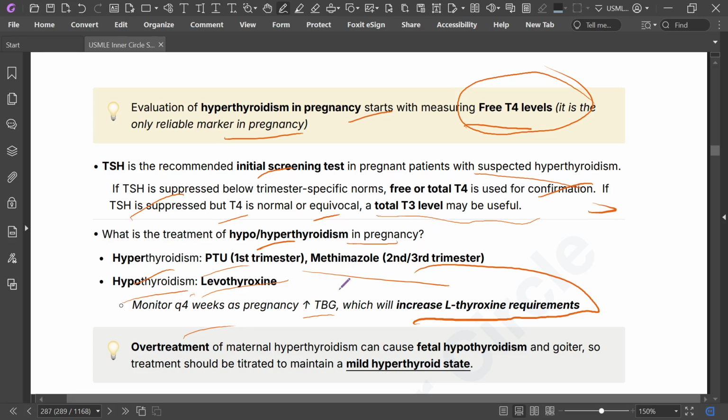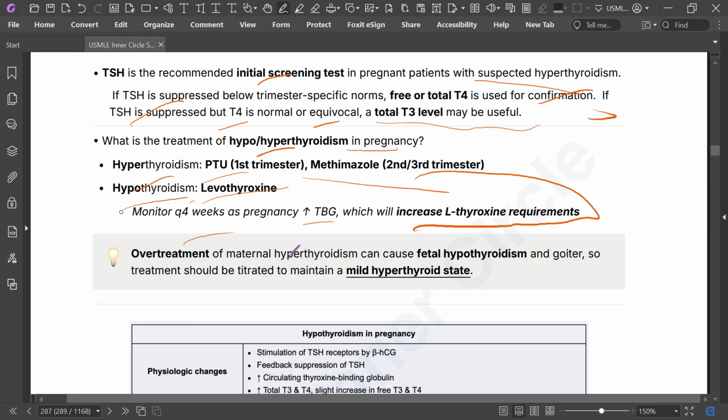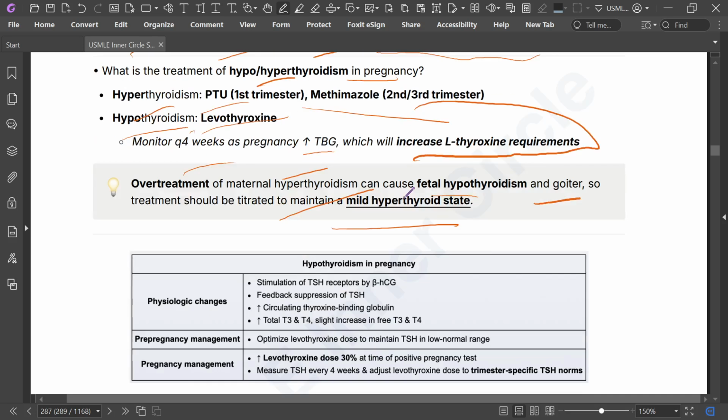As pregnancy increases TBG, it will increase the levothyroxine requirement. Overtreatment of maternal hyperthyroidism can cause fetal hypothyroidism, and may be titrated to maintain a mild hyperthyroid state.